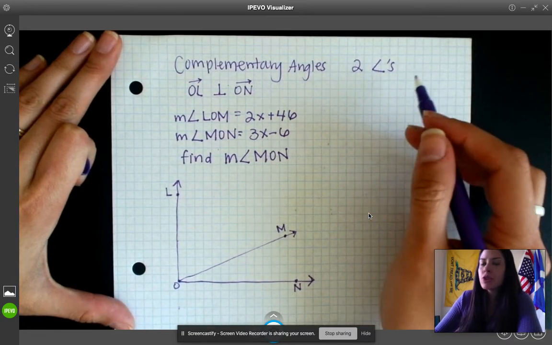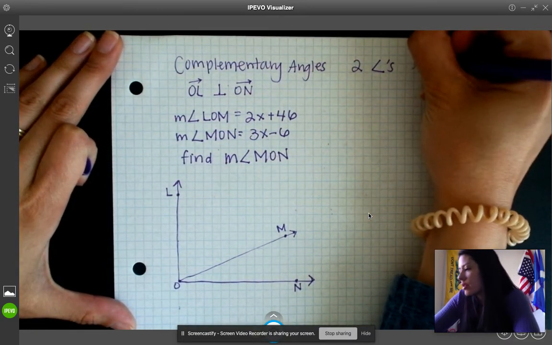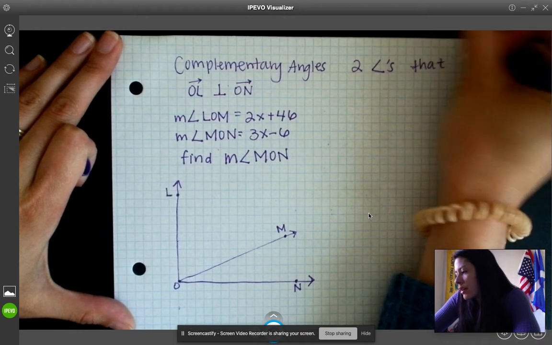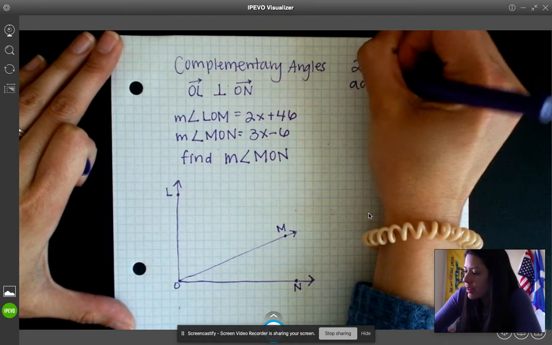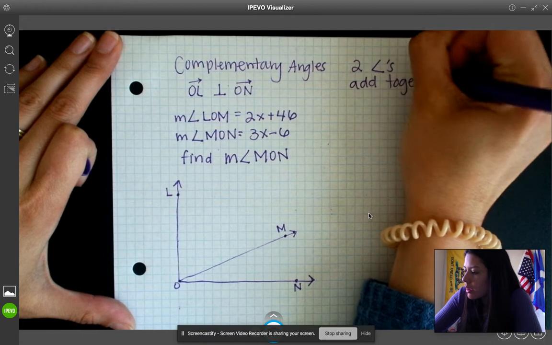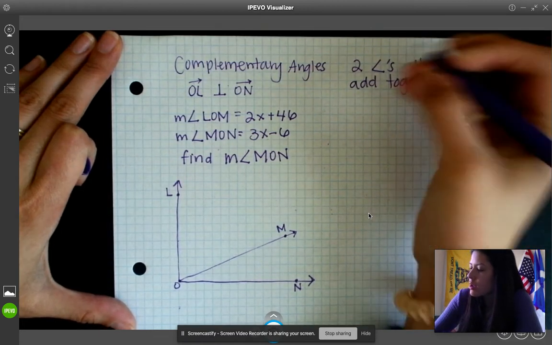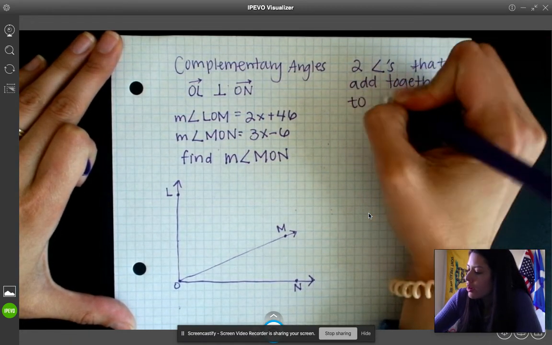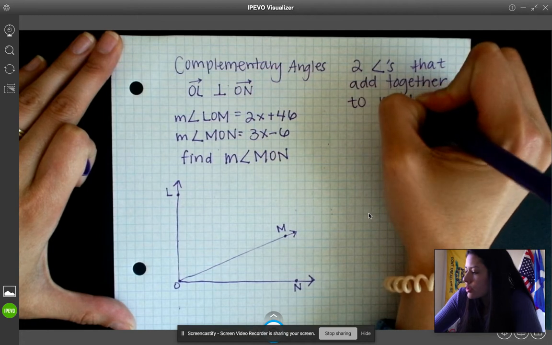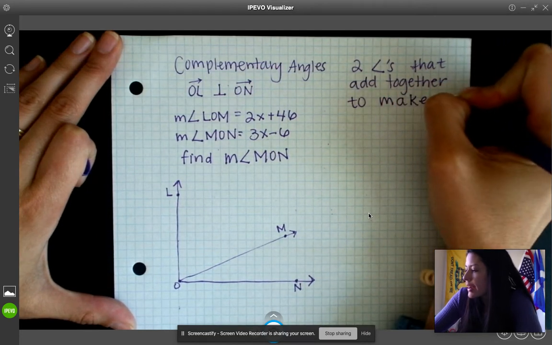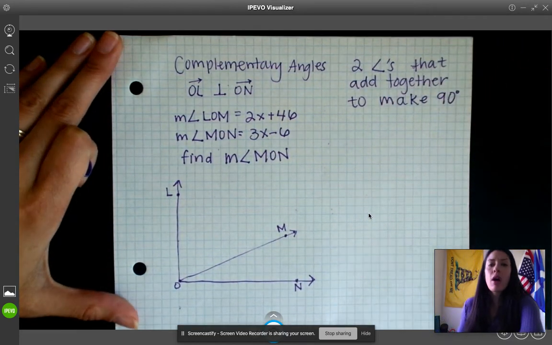So two angles that add together to make 90 degrees. Okay, that's complementary.